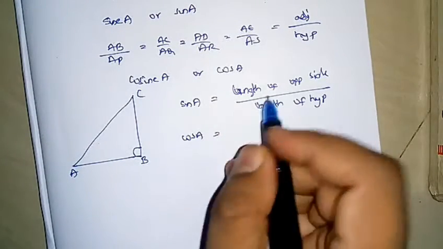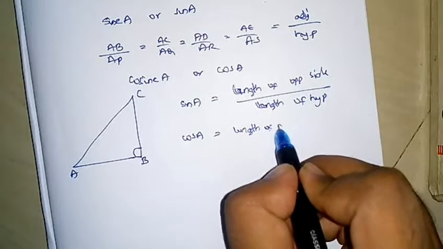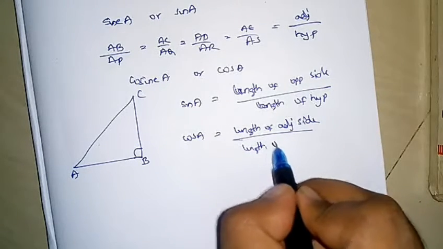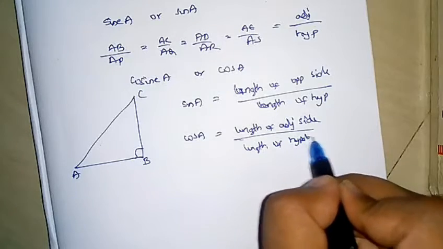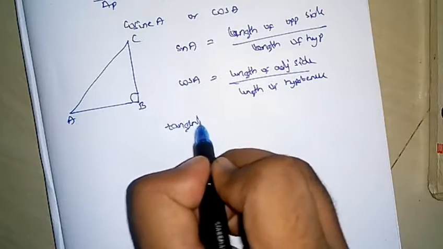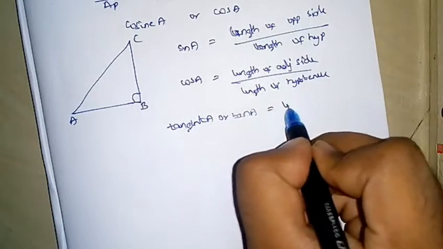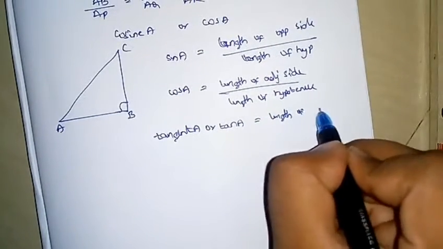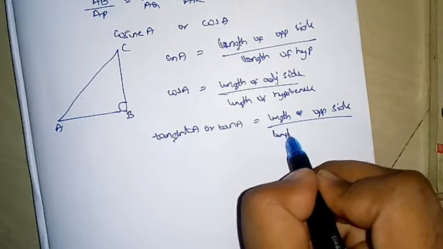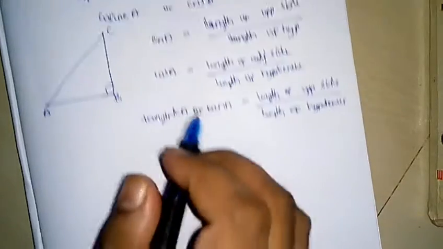Cos A, or cosine A, is defined as length of adjacent side by length of hypotenuse. And next is tangent A, or tan A, is equal to length of opposite side by length of adjacent side.